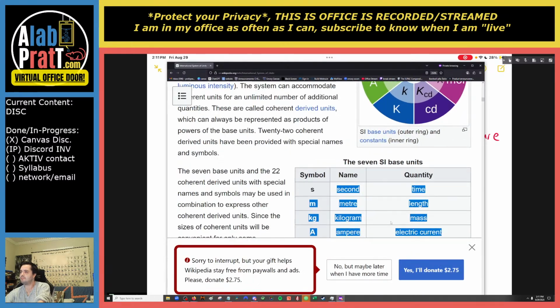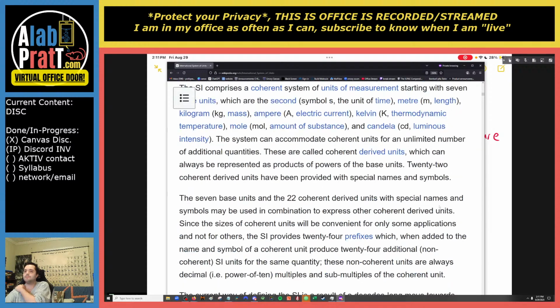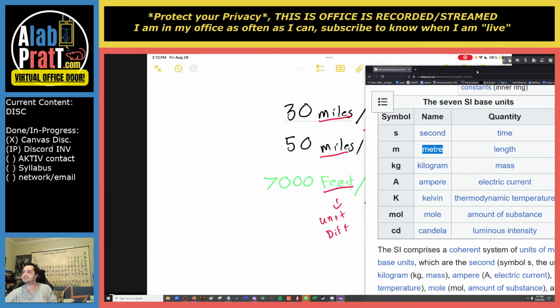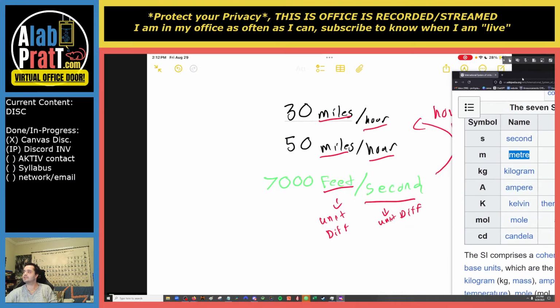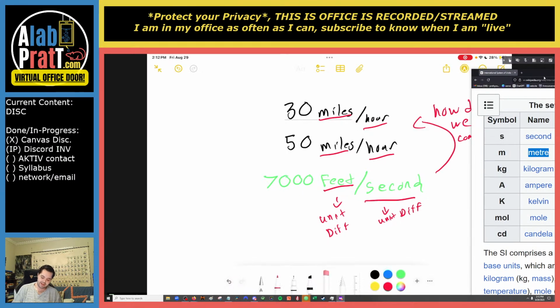We already saw miles per hour. In miles per hour, we had a length, a distance, and a time. If I was talking with another chemist, what they would like us to compare would be some unit.